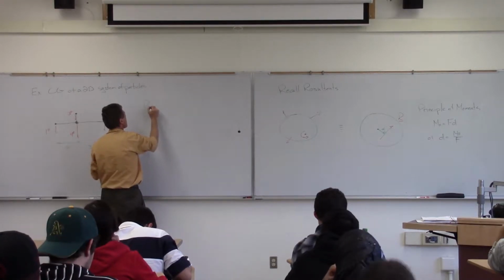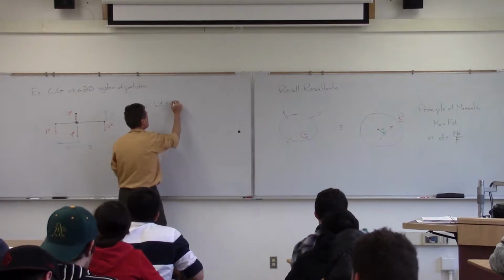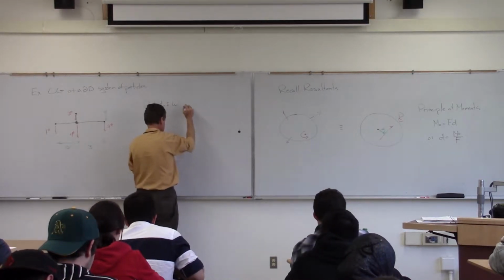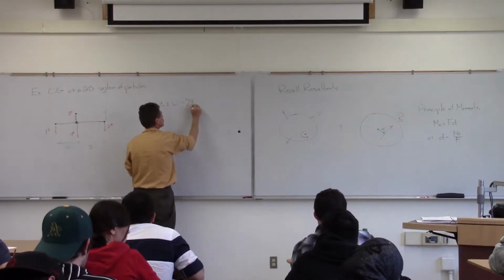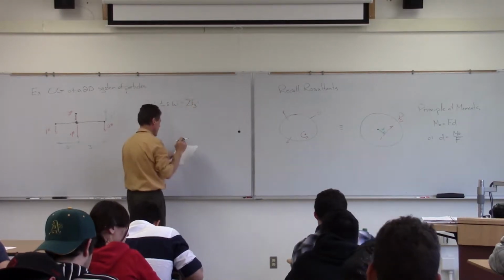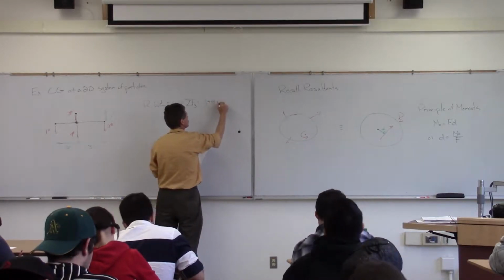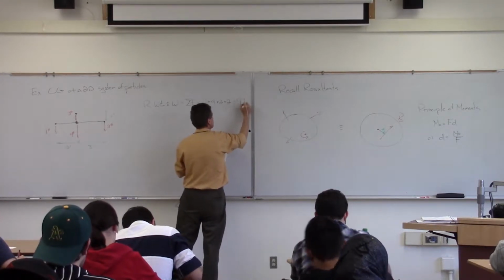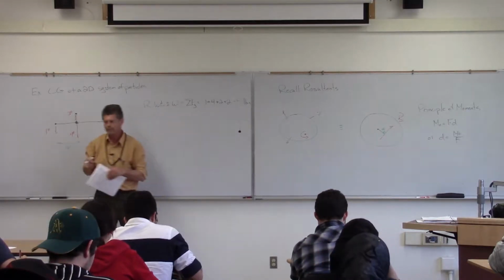So our resultant weight is basically the sum of all those forces. We'll call them in the y direction there: 1 plus 4 plus 2 plus 2 equals 9 pounds.